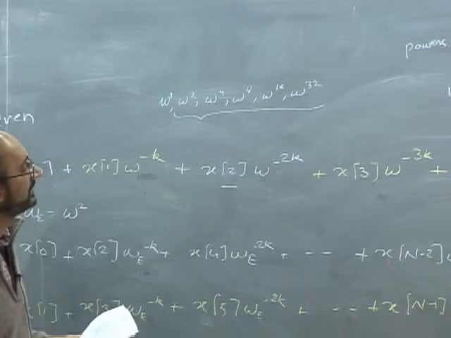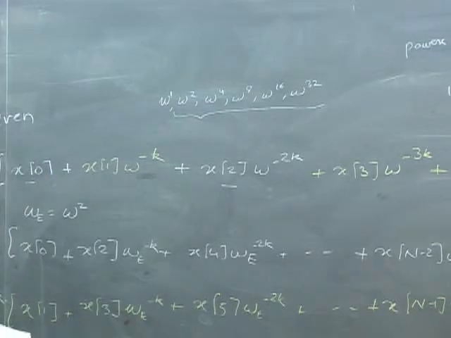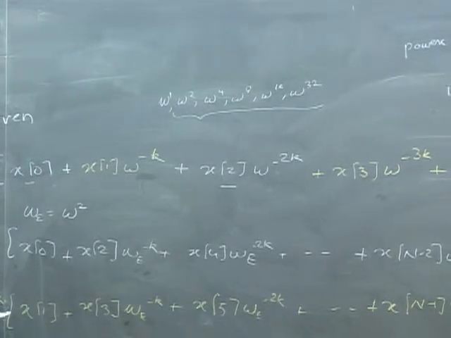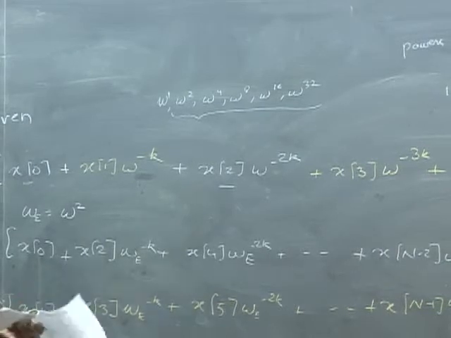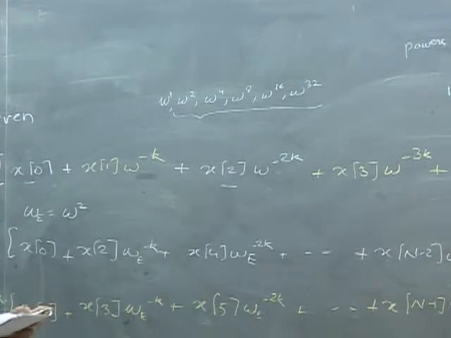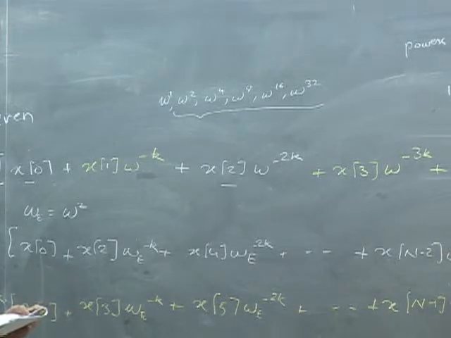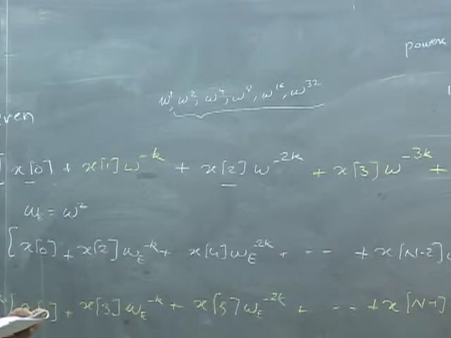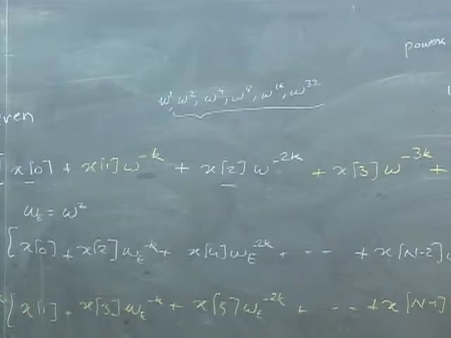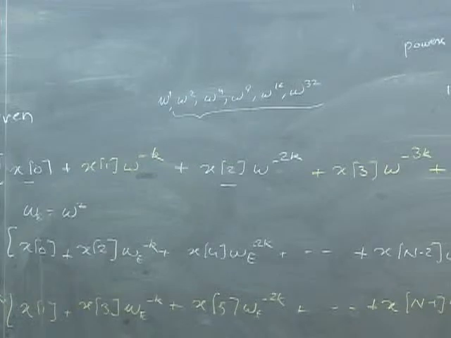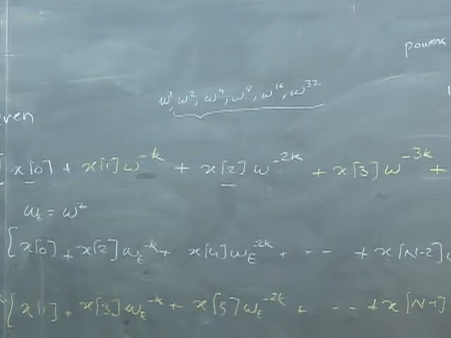Oh, let me see. Give me a second here. So we need to have omega. Well, it depends on the last step. We need omega to 32, right?